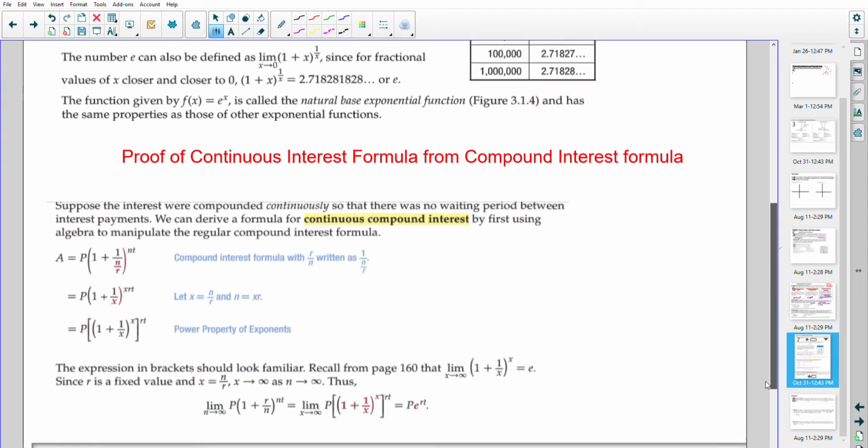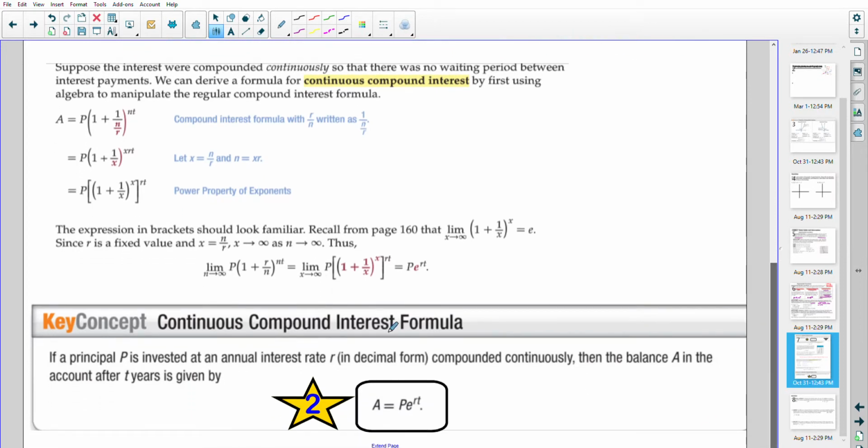And furthermore, going from one formula to the next, you would start with the compound interest formula and substitute in. This is where you take the limit to get Euler's number, substitute it in, and you end up with the continuous interest formula. So that's a proof going from one formula to the next.